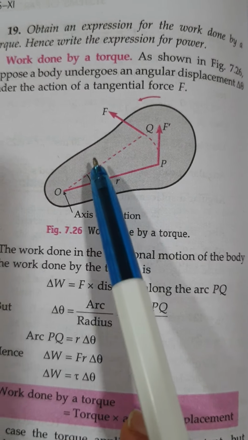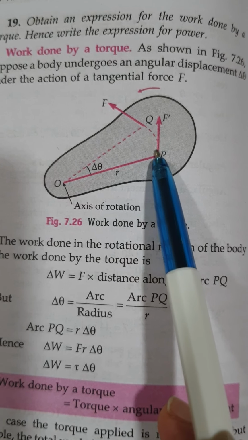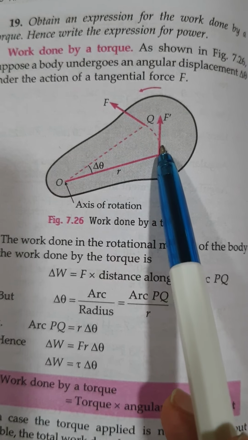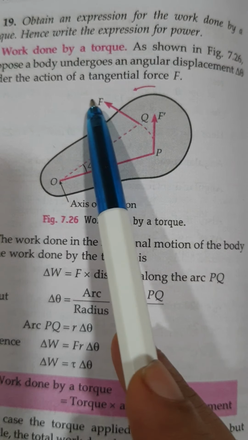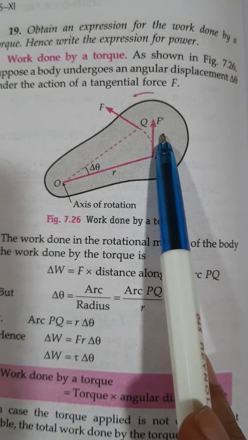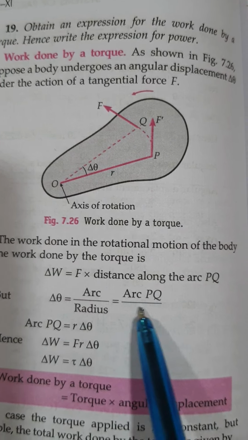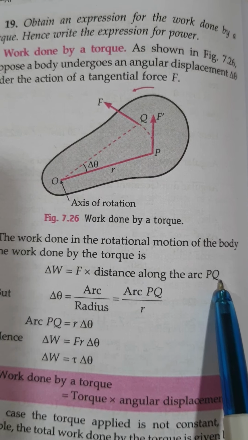displacement, you have to consider this is my arc PQ. It is the angular displacement on the application of this force, that is tangential. So the distance will be along the arc PQ.